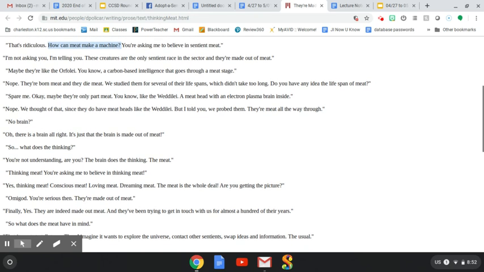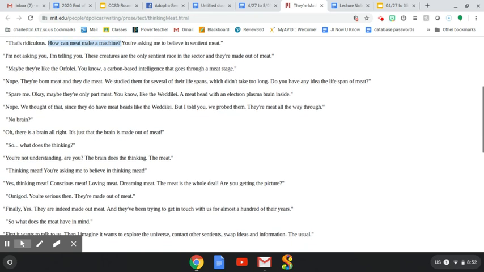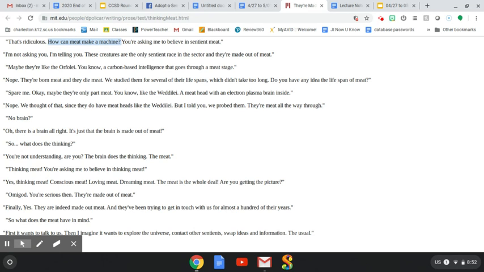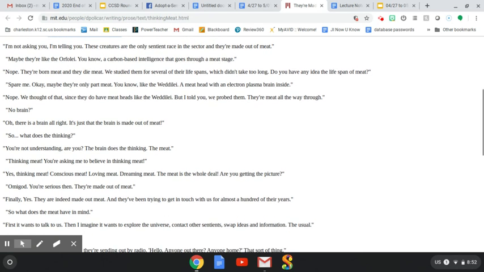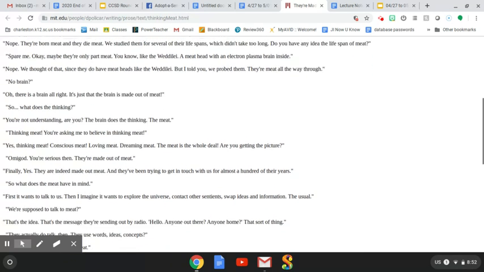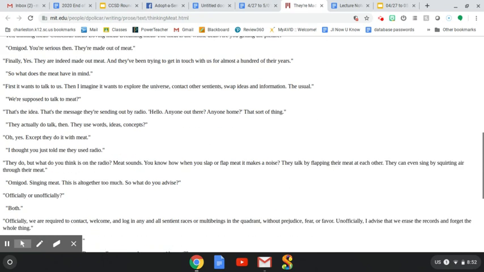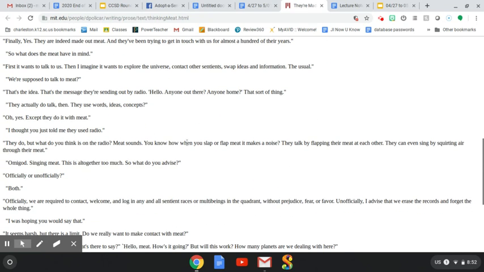At one point, the astronaut says that they communicate using meat sounds and by flapping their meat at each other, which sounds really weird. I think that's right down here. Yeah, they talk by flapping their meat at each other. They can even sing by squirting air through their meat. Sounds really weird, but at this point you may have picked up on the realization. Do you know who these aliens are?